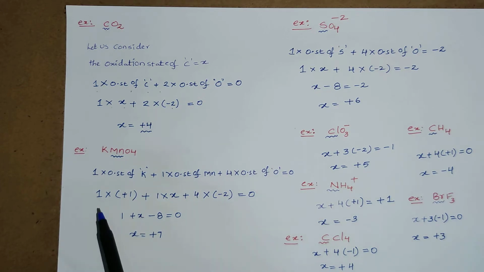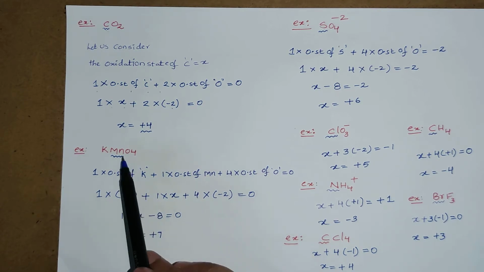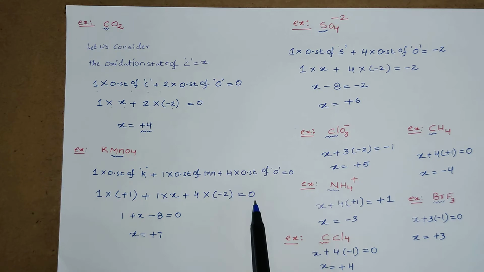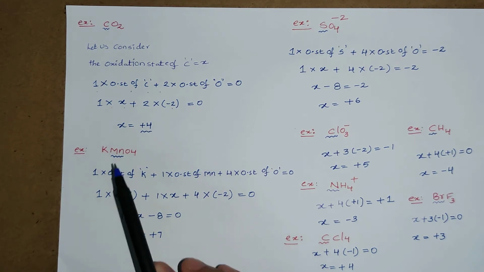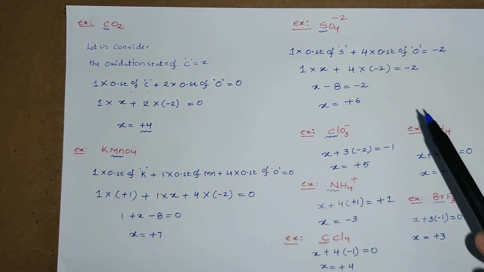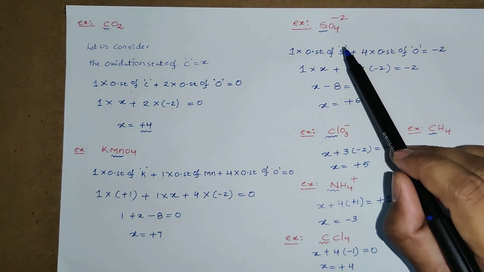Then 1 into potassium, which is always plus 1, plus 1 into manganese, that is X, plus 4 into oxygen, which is minus 2, is equal to 0. Then 1 plus X minus 8 is equal to 0, then X is equal to plus 7, the oxidation state of manganese.